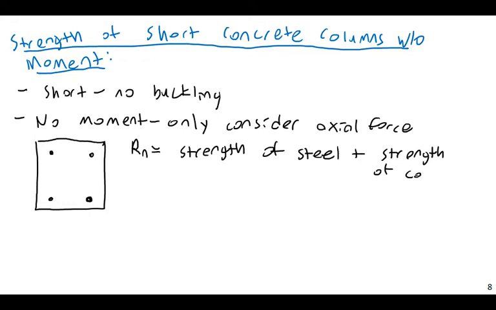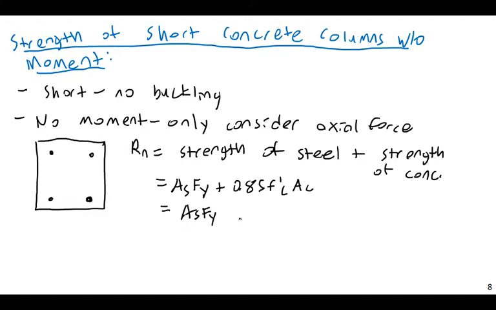This would come down to basically the area of steel times Fy, the yield capacity of the steel, plus 0.85 F prime C times the area of the concrete.